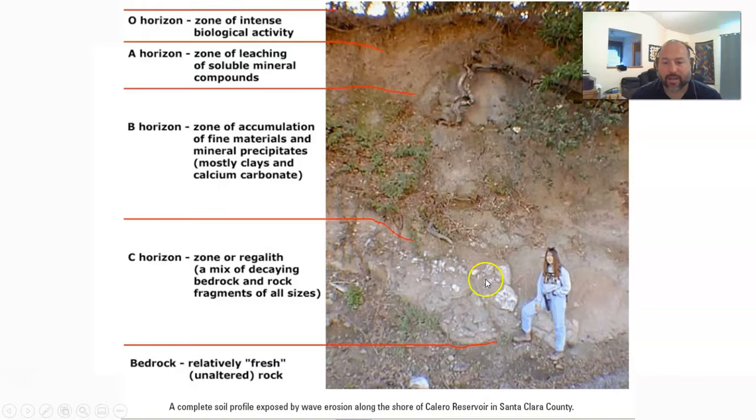We get our C horizon, which is a really good look at a C horizon to me, because you can see the soil and all the soil development up above, but you can also see the big pieces of weathered bedrock, how it used to be part of the bedrock, but now it is weathered into much smaller pieces. And then we've got our bedrock down below.